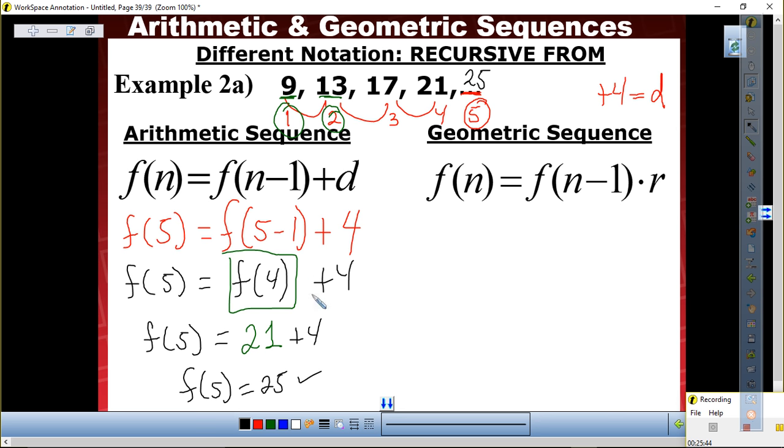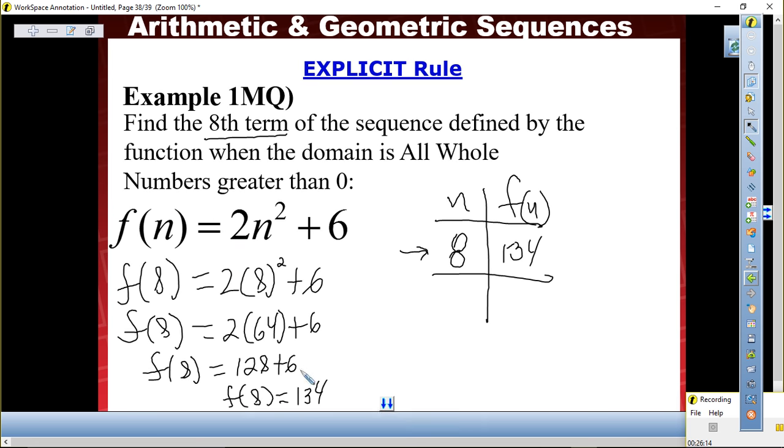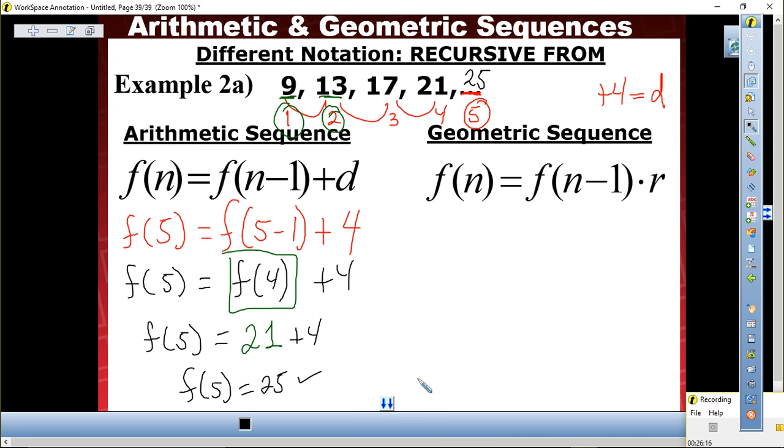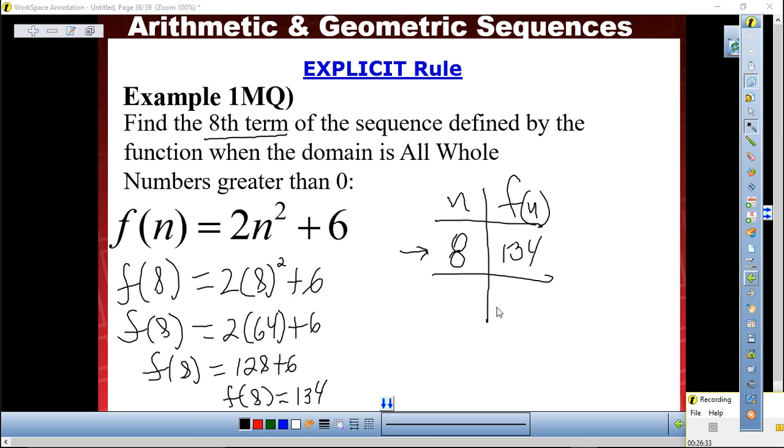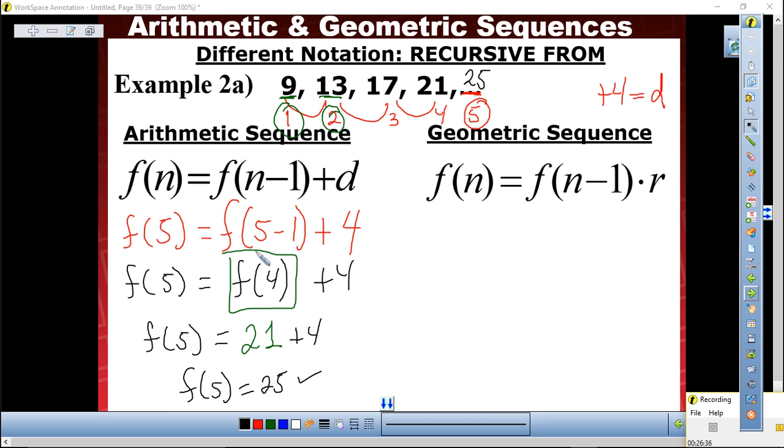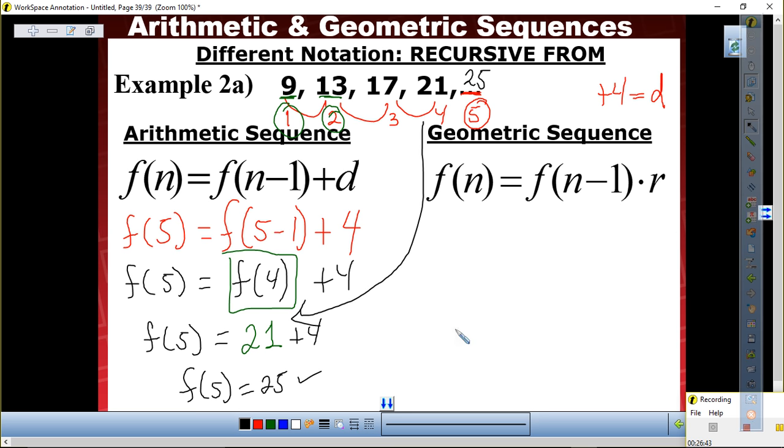What is the difference from the explicit rule to the recursive rule? What do you mean by harder? What does that mean? It has more steps. Does everybody identify that? The other one, just explicitly, you just substitute and compute. This one, you substitute, but you need to take a pause here, and you need to substitute one more time. Does everybody see that?